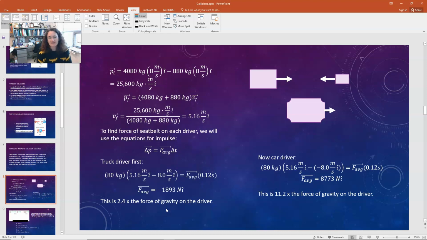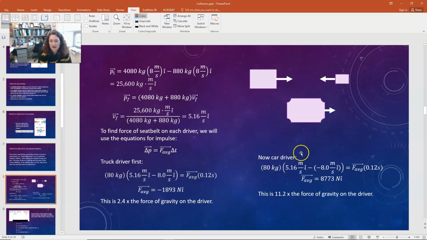So if you divide that 1,893 by mg, which would be 80 kilograms times 9.8, then you see that the force that the driver of the truck experiences is about 2.4 times the force of gravity on the driver. Now that might be a little unpleasant for a split second, but it's livable. You can definitely live through that.